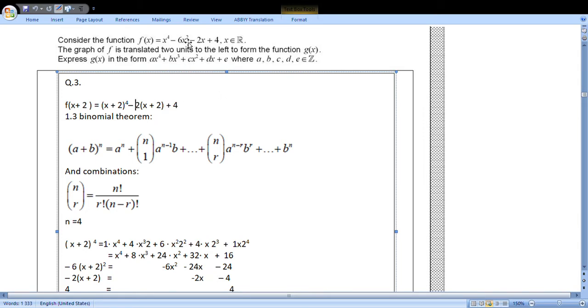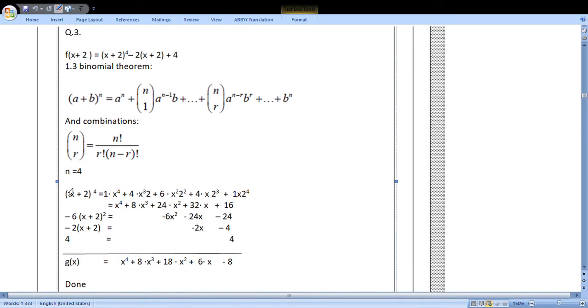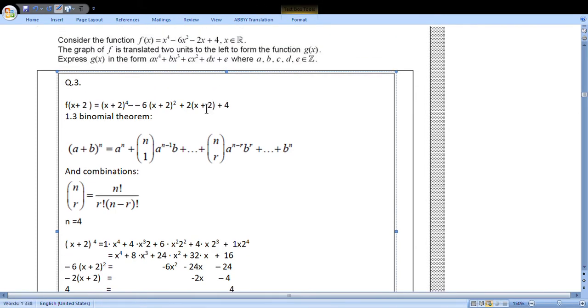Minus 6(x plus 2) squared is missing here, so let's make a copy from here. Then I think here is addition. Let's check. No, here subtraction. Minus. Right, so instead of x we put everywhere x plus 2.